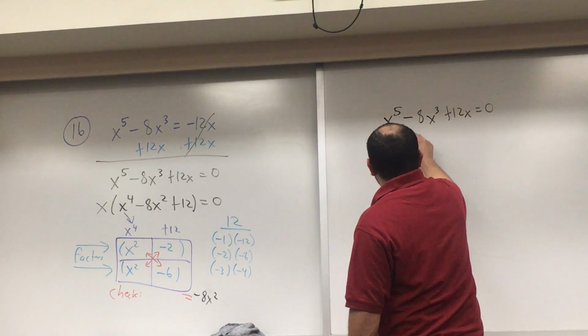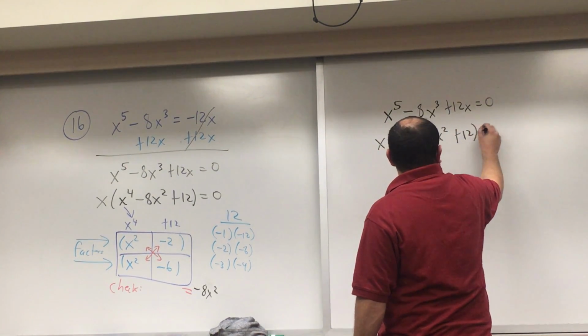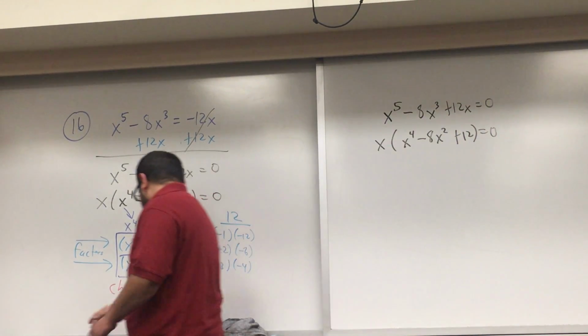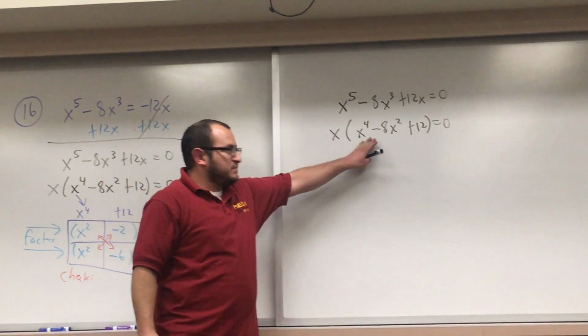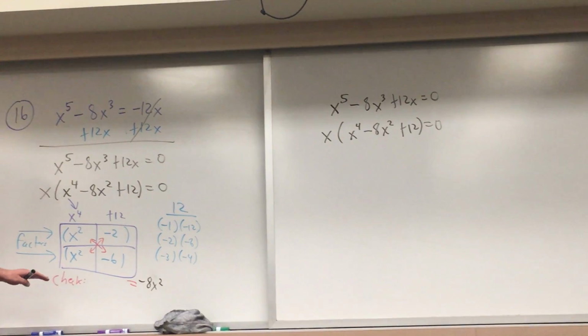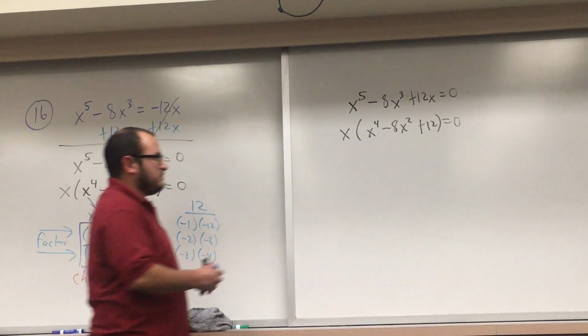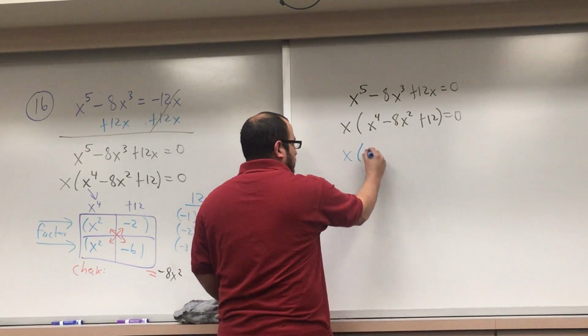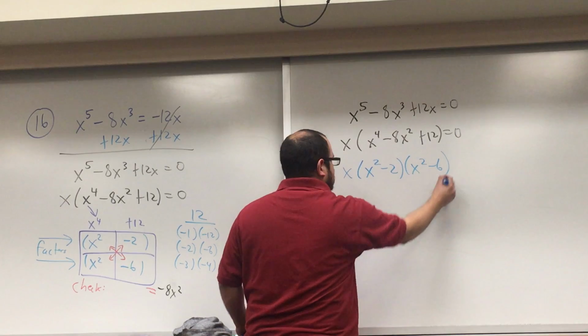I got x to the 4th minus 8x squared plus 12 gives me 0. All right, so I just did box method over here. And I got x squared minus 2, so that's where it came from. So we have x squared minus 2, x squared minus 6.